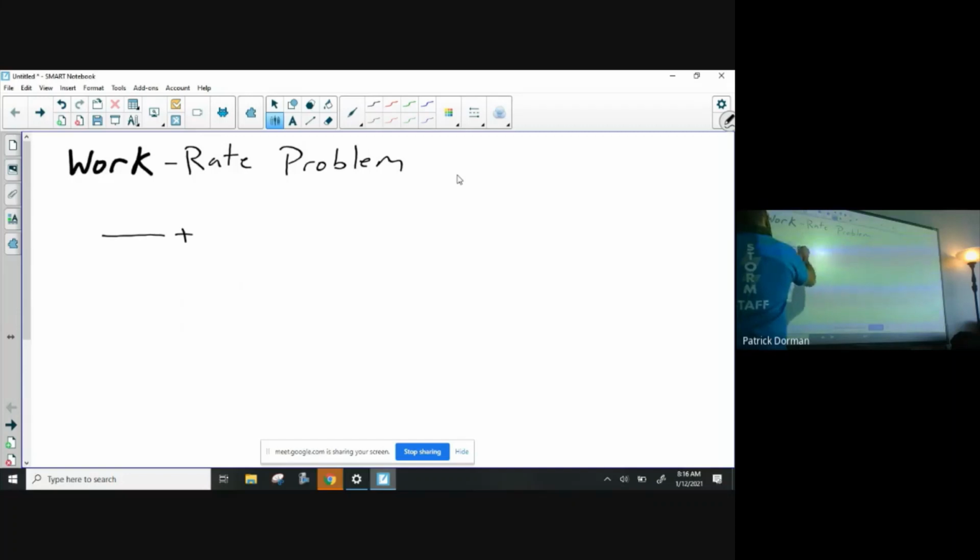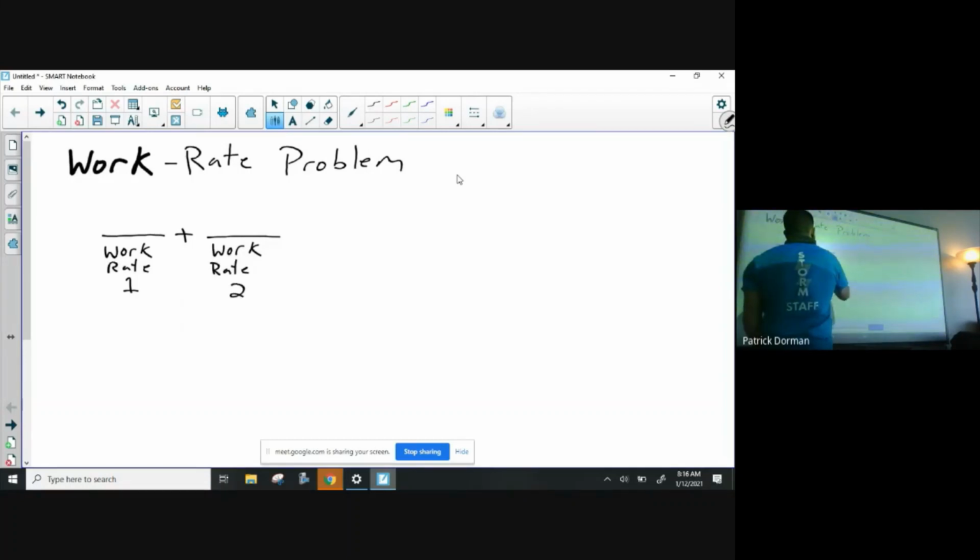So I like to set it up with, let's go, part of job done. Sorry, these set up a little differently than they did last year. Your denominator here is always going to be your work rate number 1, and you might have a lot of them. You're going to have a work rate 2, and then you could have a bunch more of them.